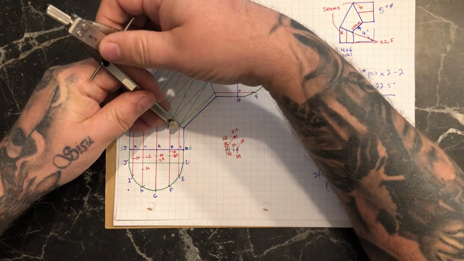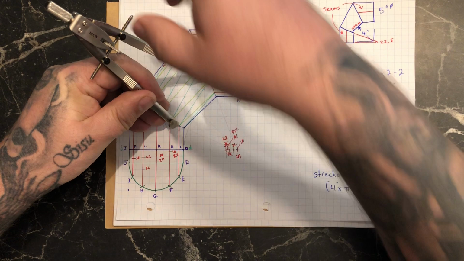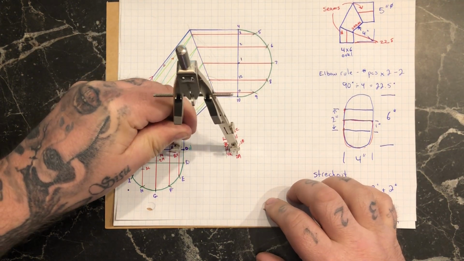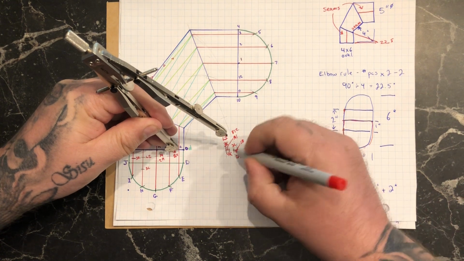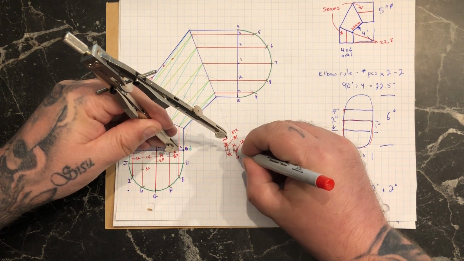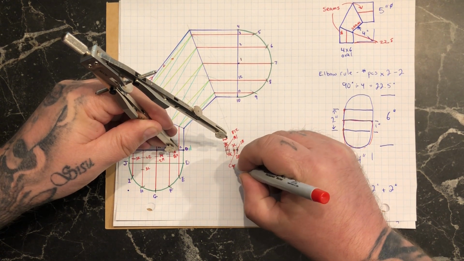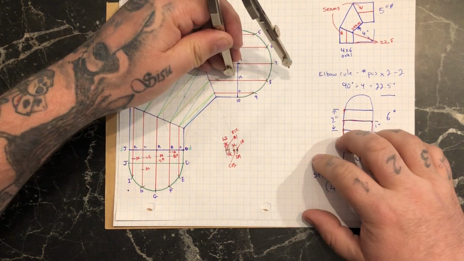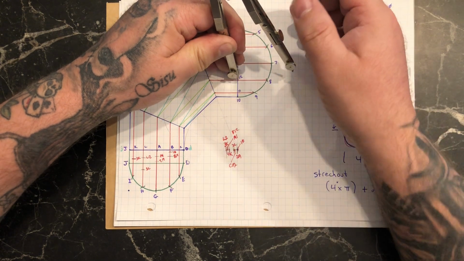Okay, so now C12, write that down to the base. C12. Profile of 12.